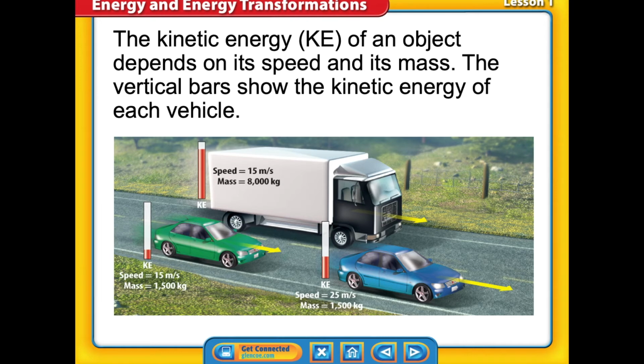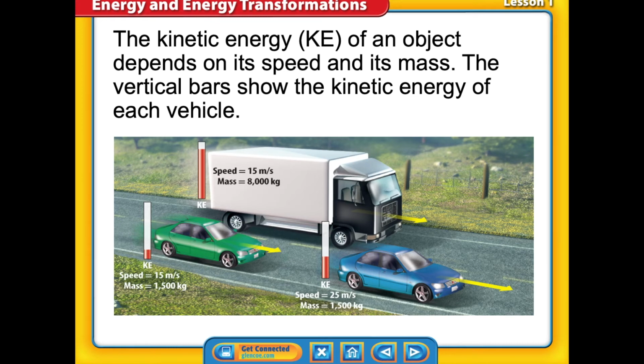In other words, if the driver of the box truck and the driver of the green car would hit their brakes at the exact same second, the green car would stop faster. Why? Because there's more energy in that truck and the brakes cannot slow down that energy as fast.